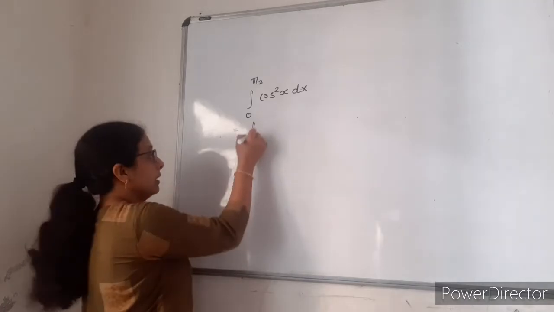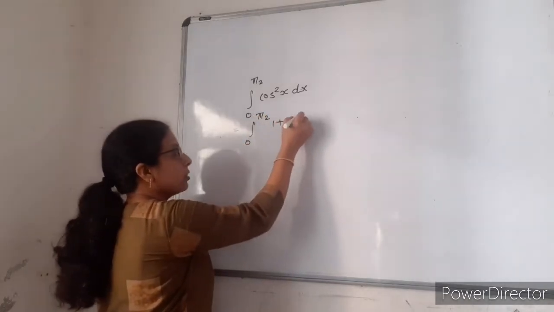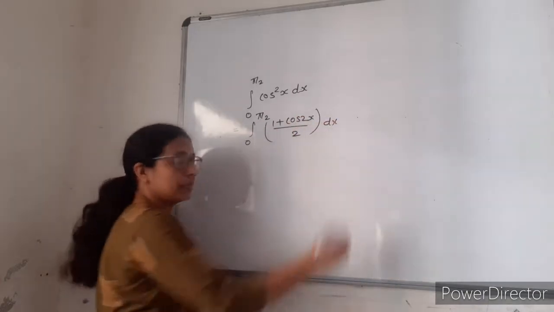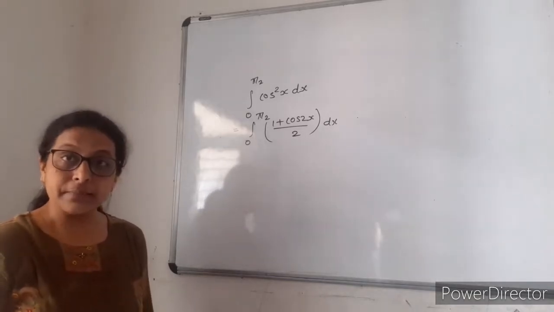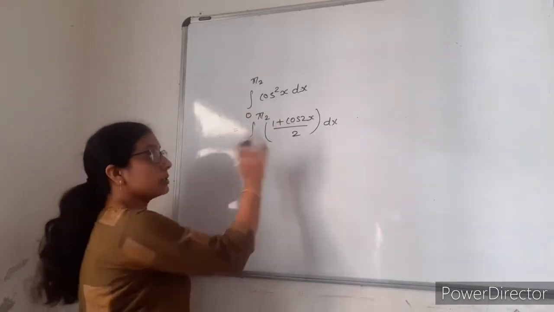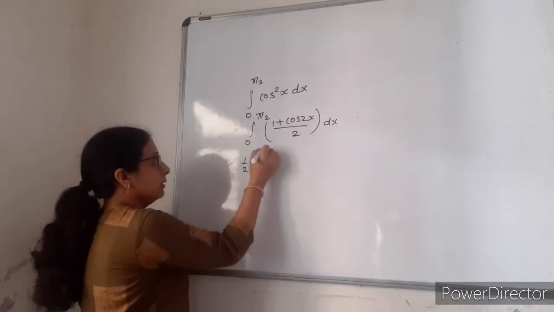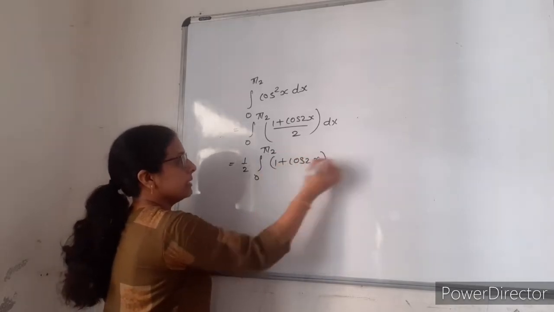So here integration 0 to pi by 2, 1 plus cos 2x by 2 dx. Yes or no? Yes. 2 cos square x is 1 plus cos 2x. So here 1 plus cos 2x by 2. 1 by 2 will take outside, 0 to pi by 2, 1 plus cos 2x dx.